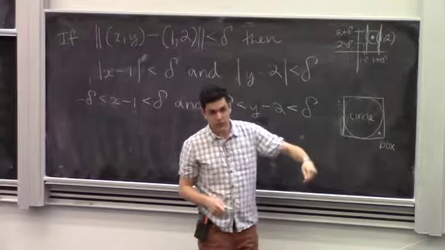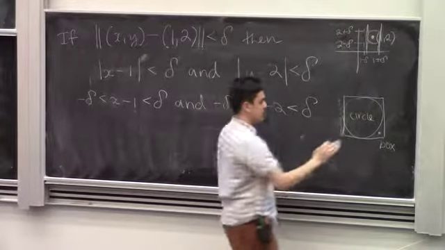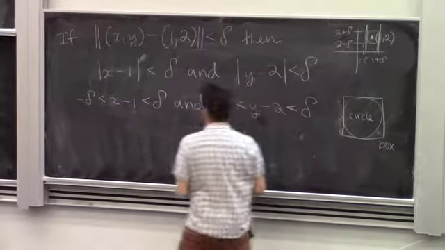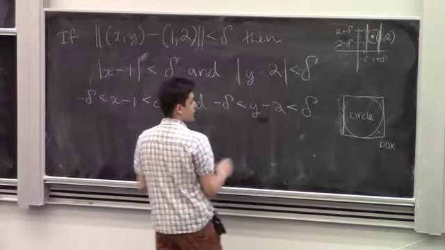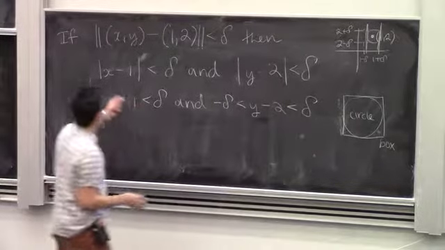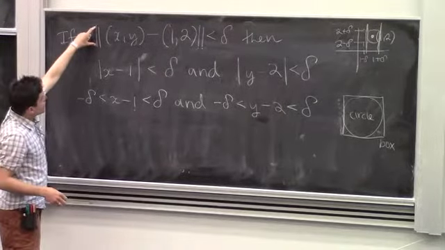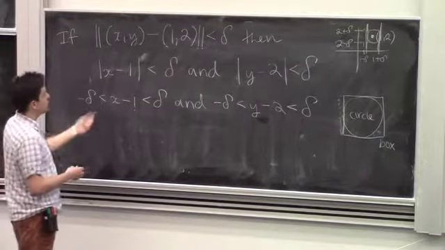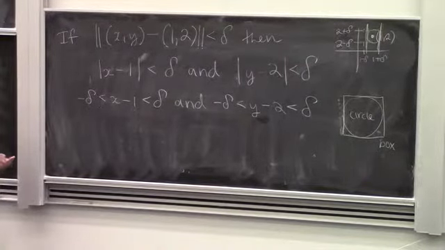And all of those points then live in the box. Okay? So how can I write this? Yeah, I guess we've written it here. If you're contained in the circle, then you're contained in the box. Okay, very good.